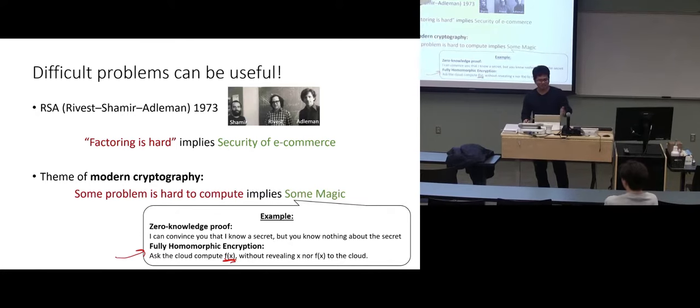To compute this function, it needs a lot of computation, so I don't want to do it myself. I want to ask the cloud to do it. But what I can do is compute this in such a way that I don't even reveal x and f of x to the cloud. So the cloud will not even know the input and output, but the cloud can compute it for you. That's useful, and people try to make it practical nowadays.